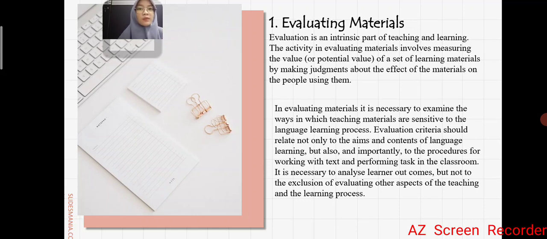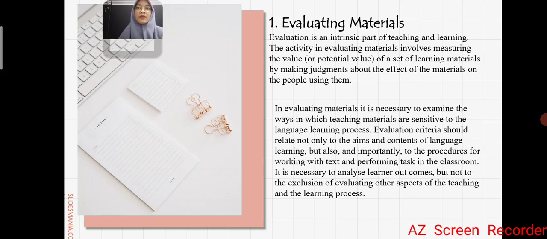It tries to measure, for example, the appeal of the materials to learners, the validity of the materials, the ability of the materials to interest learners, the potential learner value of the materials, the assistance given to the teachers in terms of preparation, delivery, and assessment, flexibility of the materials, etc.